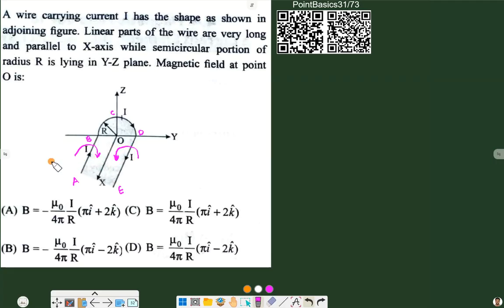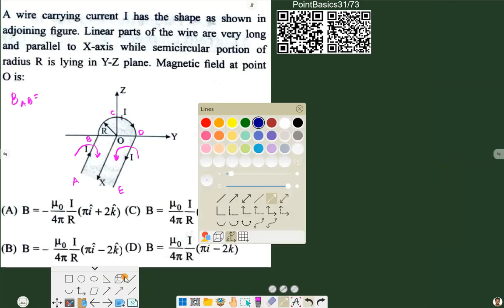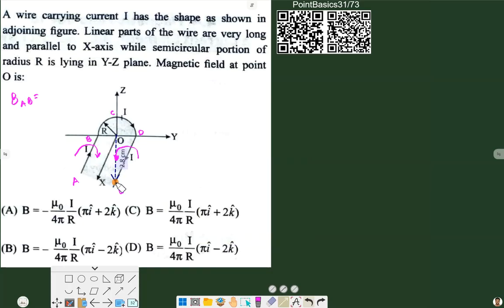So the magnetic field due to conductor AB is in the negative k direction, going down, and here the downward direction is the negative k direction. Let me also plot that. So the downward direction is the negative k direction. So B of AB is in minus k, and B of DE is also in minus k.